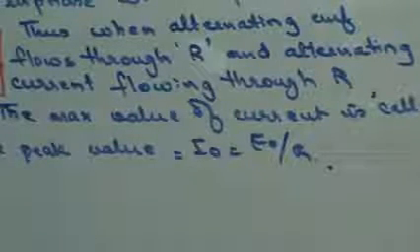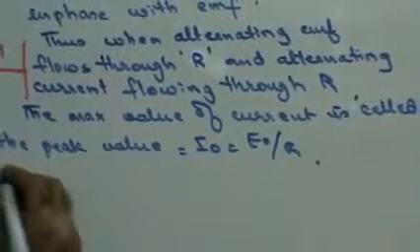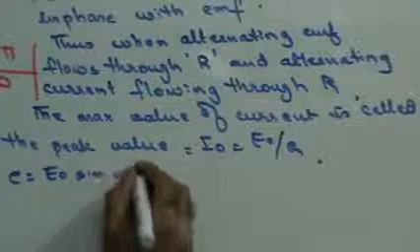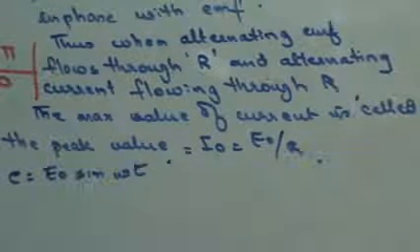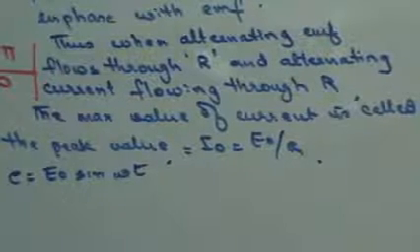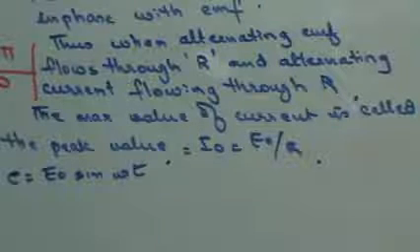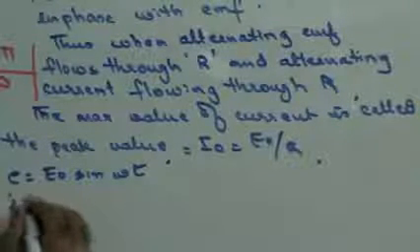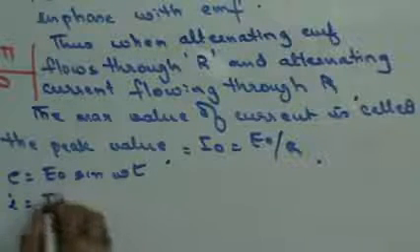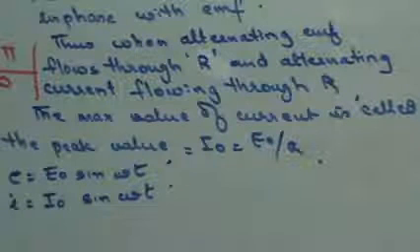But we know that E is nothing but E0 sine omega t. The EMF induced in an alternating current is given by the expression E is equal to E0 sine omega t, and we also found out that the instantaneous current in an AC circuit, right in the beginning, is I0 sine omega t, right?